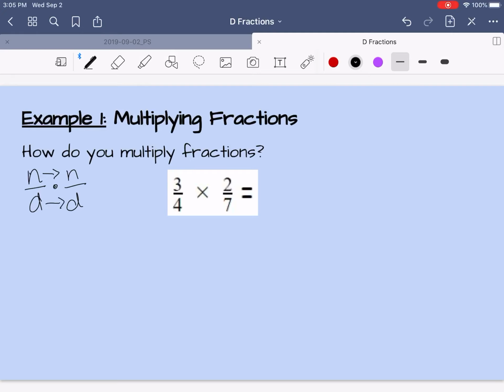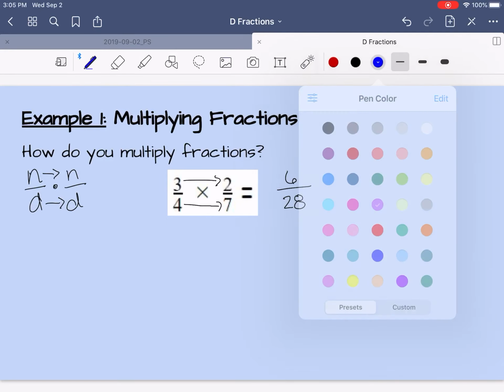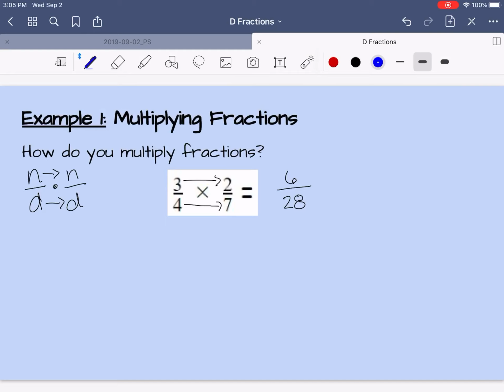So if we're looking at our example problem right here, numerator times numerator, 3 times 2 is 6. And denominator times denominator, 4 times 7 is 28. Okay, now don't forget, you have to make sure that you are reducing before you say that you have your final answer.